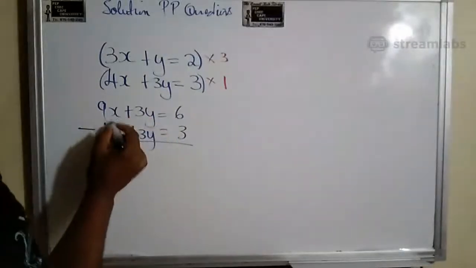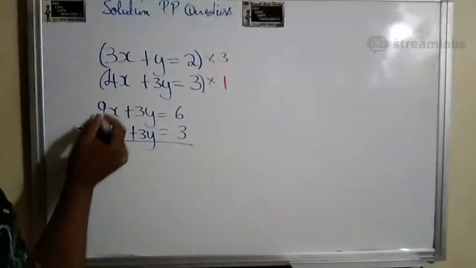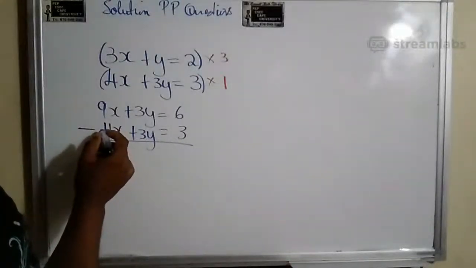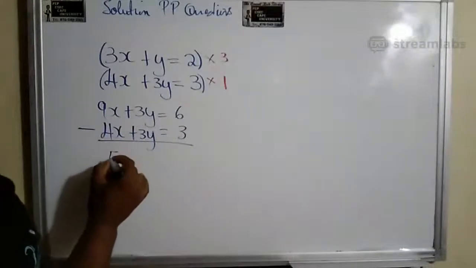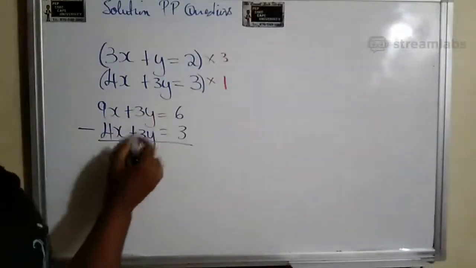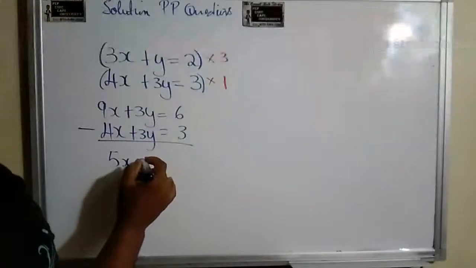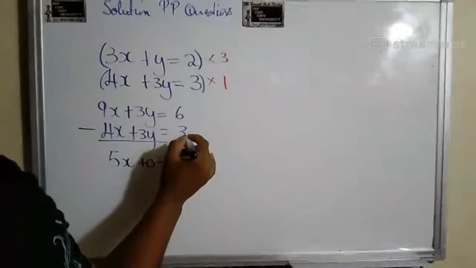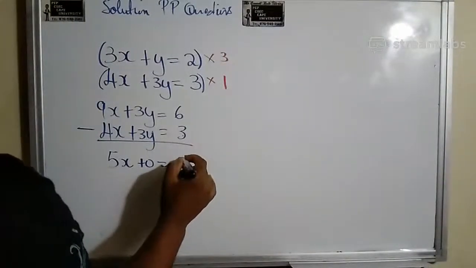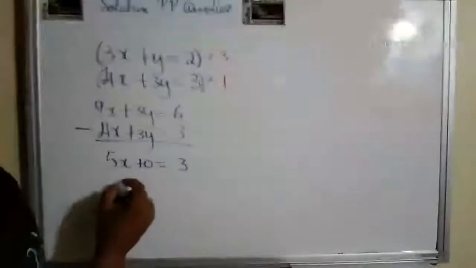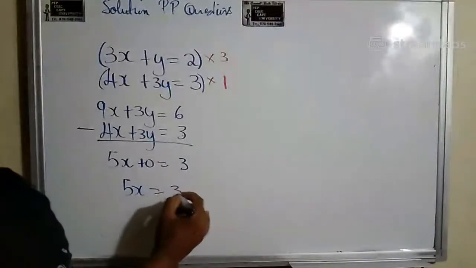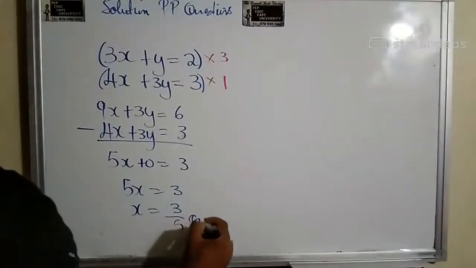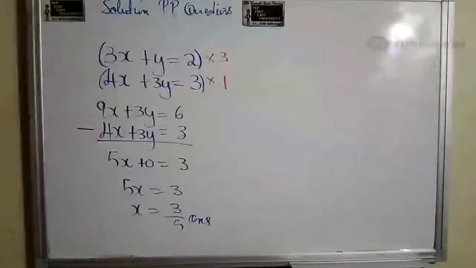So 9x minus 4x will give us 5x, and 3y minus 3y will give us 0, and 6 minus 3 will give us 3. So this will give us 5x is equal to 3, therefore x is equal to 3/5.